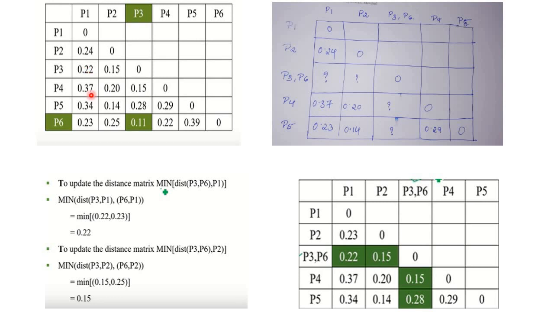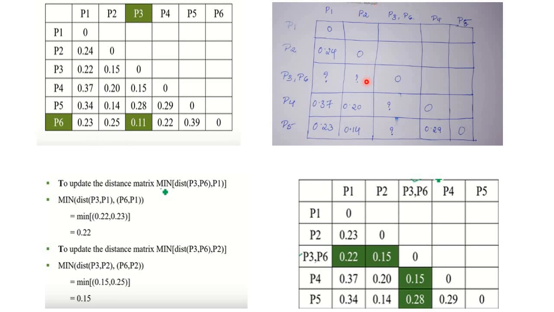Now, which among these two values is smaller, 0.22 or 0.23? 0.22 is smaller. We are going to combine the most similar items together, so I have to consider the minimum value. So in this box, I'm going to consider 0.22 as the value. I should be getting the minimum of the P1 to P3 distance and the P1 to P6 distance.